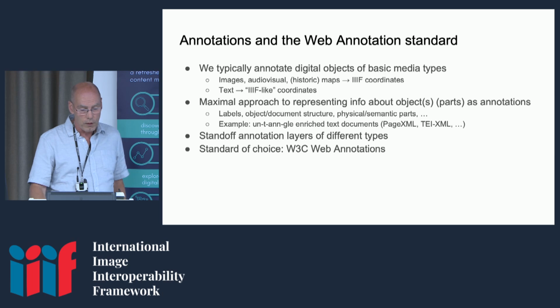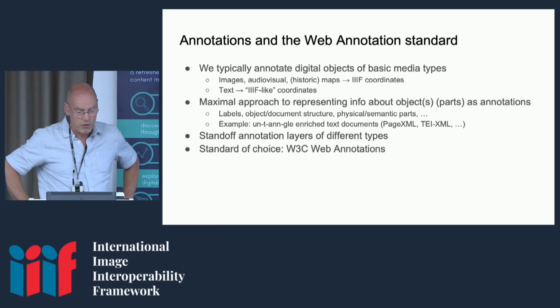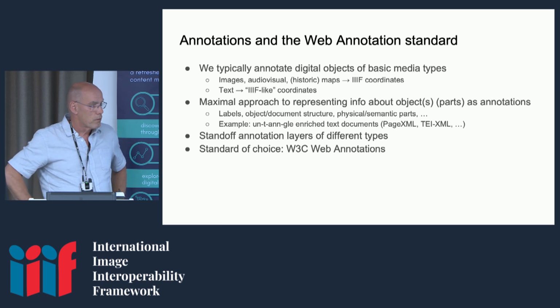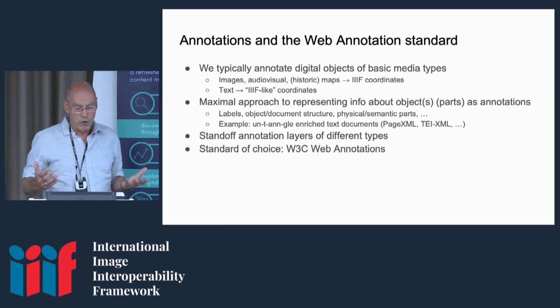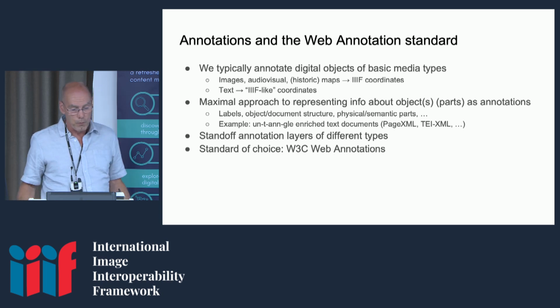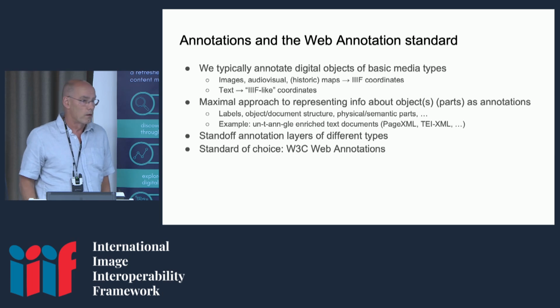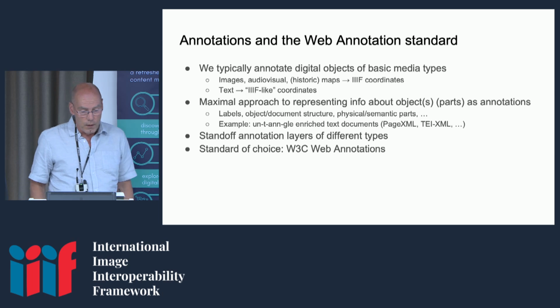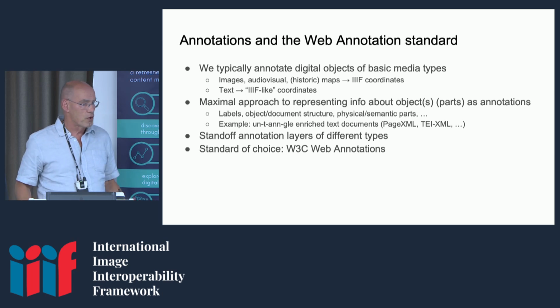So, about annotations and our annotation scenarios. What we typically annotate is digital objects of basic media types. So images, audio visual. We are gradually including map data. And this is all discussed and subject of this conference.